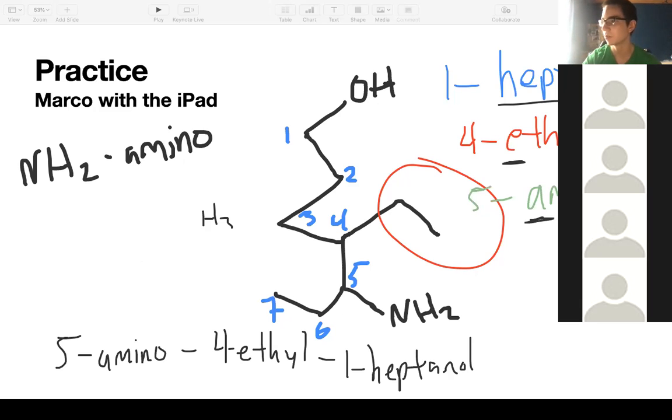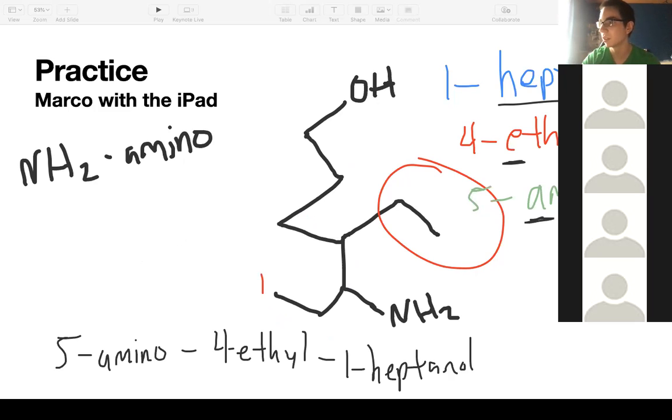Yeah, so when identifying how long we want our parent carbon chain, we want it to be the longest, but also to have the lowest number. And I'll kind of clarify that. So let's start from the bottom real quick.